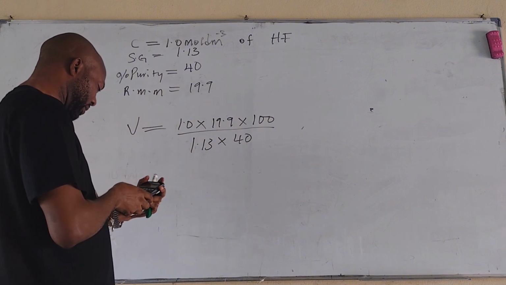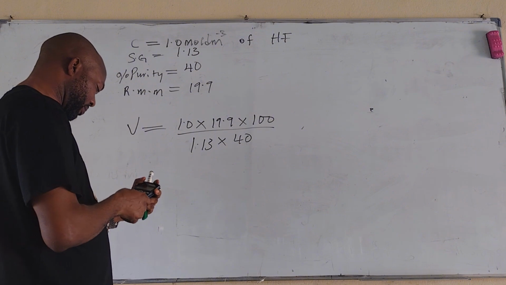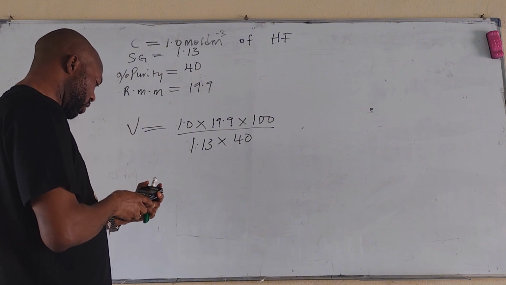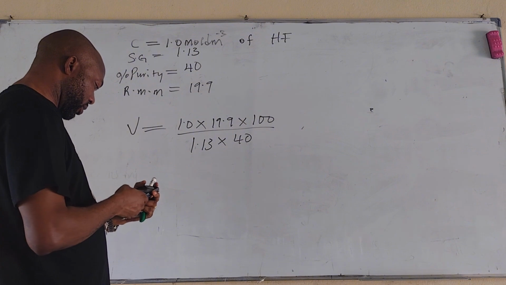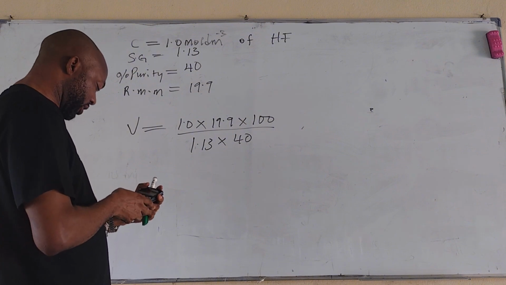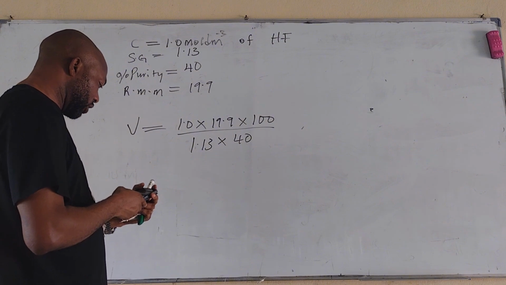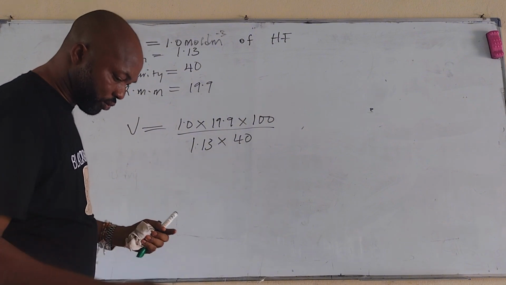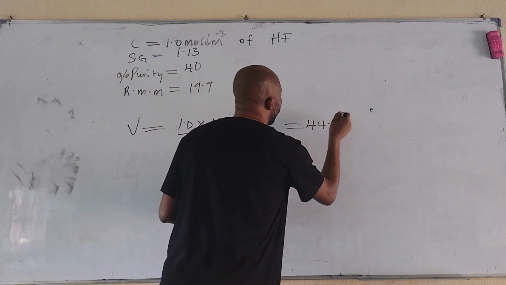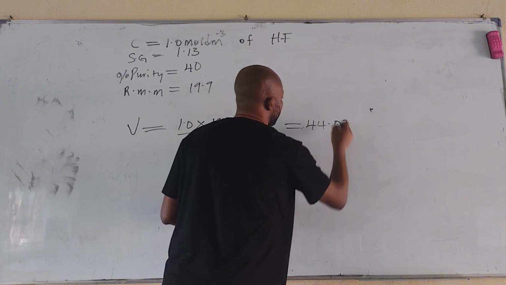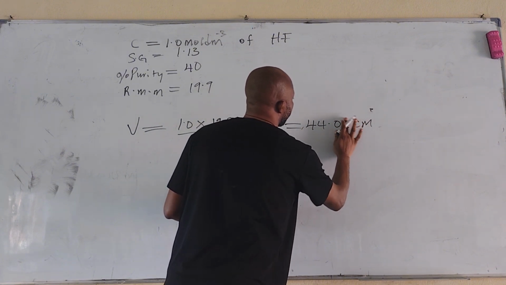19.9 times 1 is still the same. Times 100 divided by 1.13, then divide by 40, is 44.02. So we have 44.02 cm3 or 44.0.